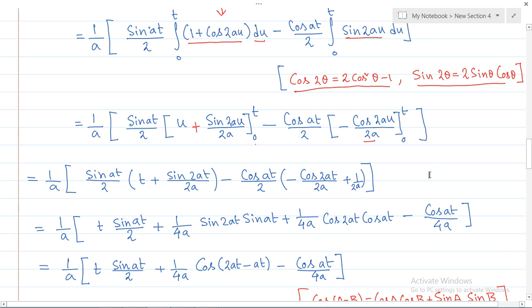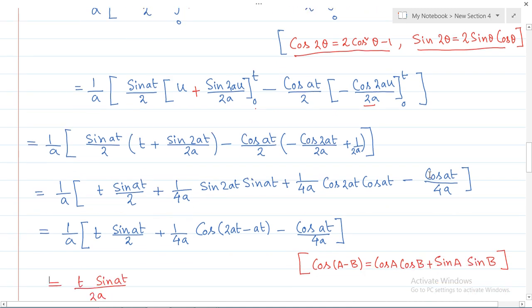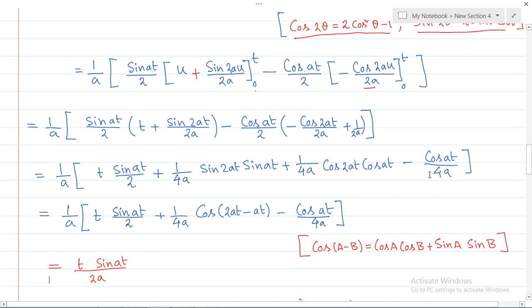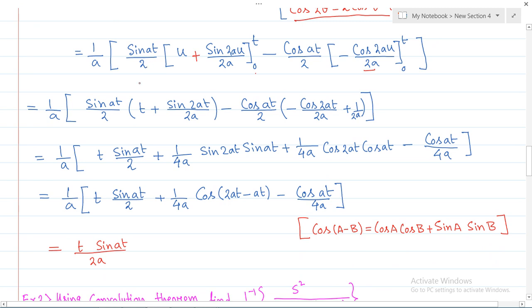Now we simply substitute the limits and do a little simplification. Here sin at upon 2 is outside. In place of u, we put the upper limit, so at plus sin 2at by 2a, minus cos at by 2, and when we put the upper limit it will come minus cos 2at by 2a, minus of minus cos 0, which is 1, so it will become plus 1 upon 2a.